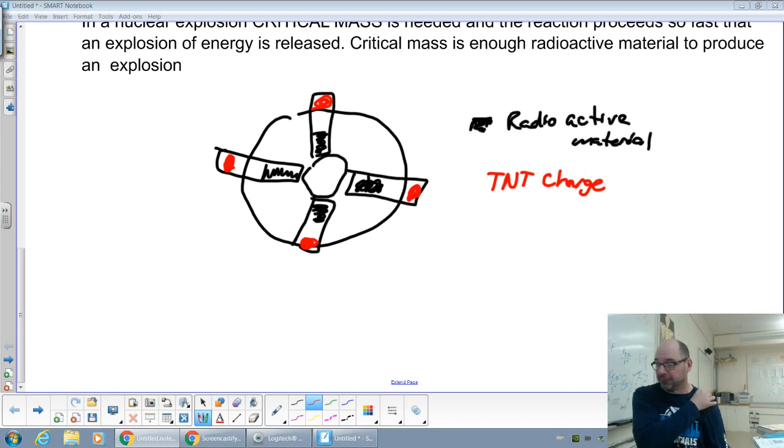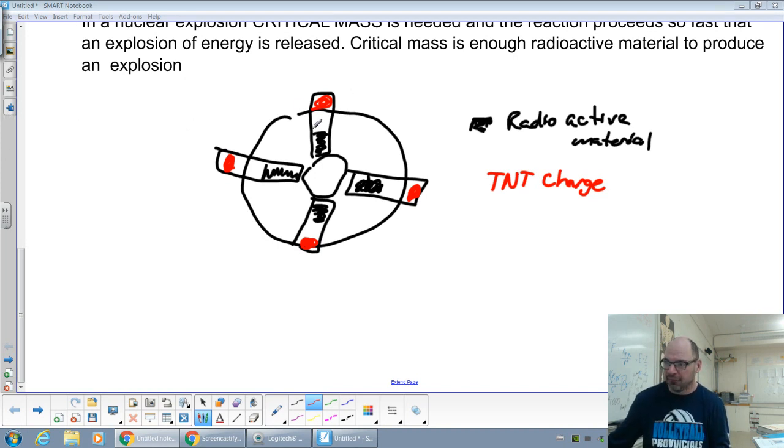Okay, and that's kind of what they did in the historical atomic bombs. Nowadays, they have more sophisticated technology that they use.